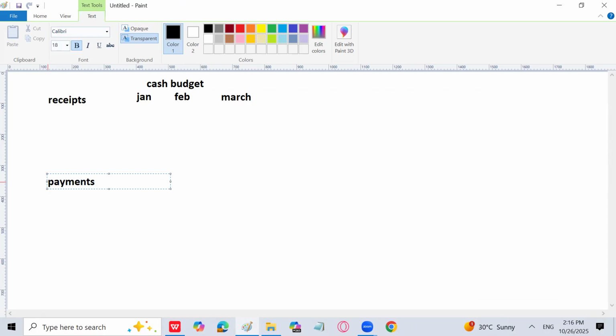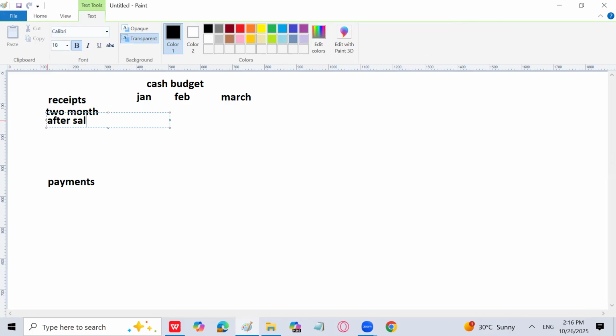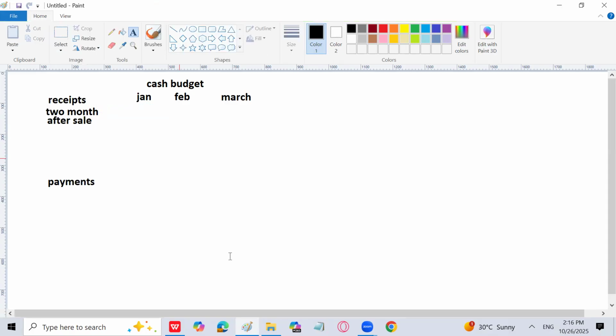But what receipts are we getting? We are getting receipts from sales, and that is 2 months after sale. All the amount we are getting in receipts is 2 months after sale.